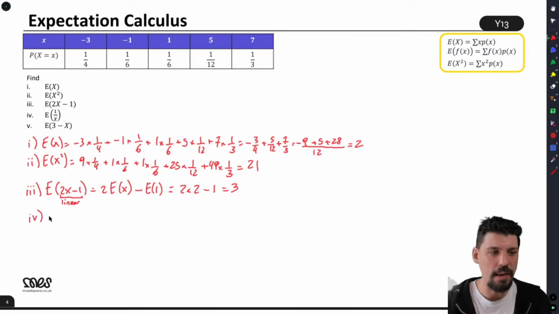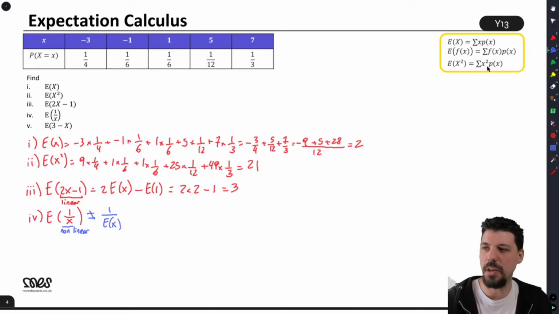Four, on the other hand, we can't. Why can I not do that? Because 1 over x is non-linear. That is not equal to 1 over E of x. So we can't do that.